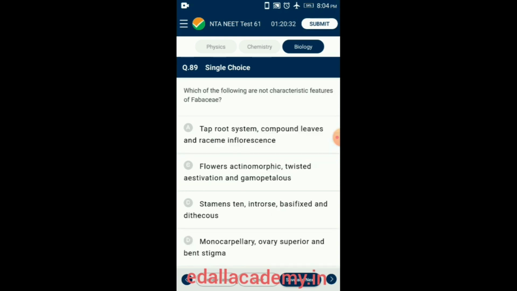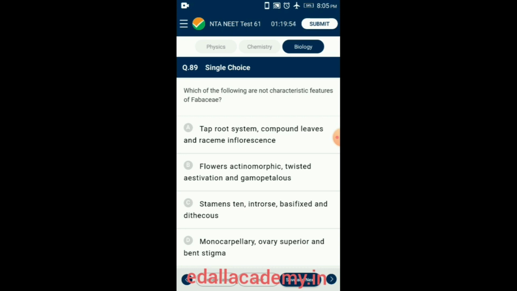Question number 89. Which of the following are not characteristic features of Fabaceae? Fabaceae or Leguminaceae is the third largest family of angiosperms. The main characters of this family are polypetalous condition, single carpel that is monocarpellary condition, perigynous condition, marginal placentation, taproot system, simple or compound leaves, racemose inflorescence, zygomorphic flowers, imbricate aestivation.